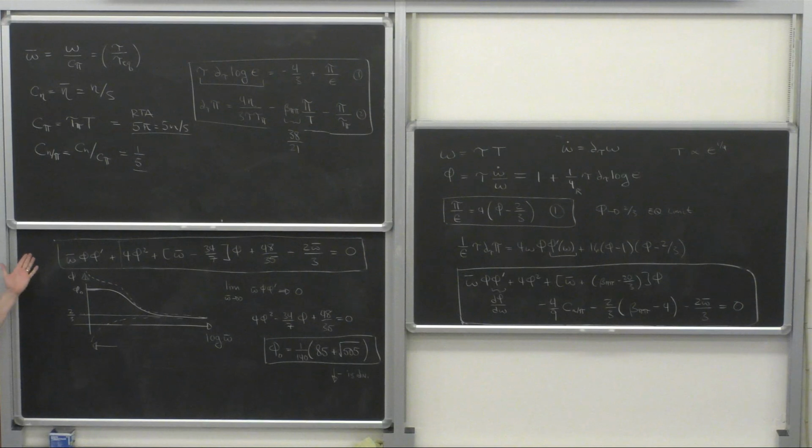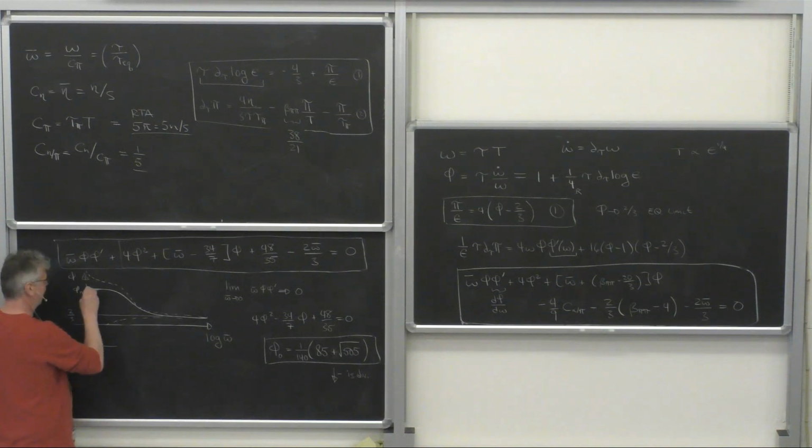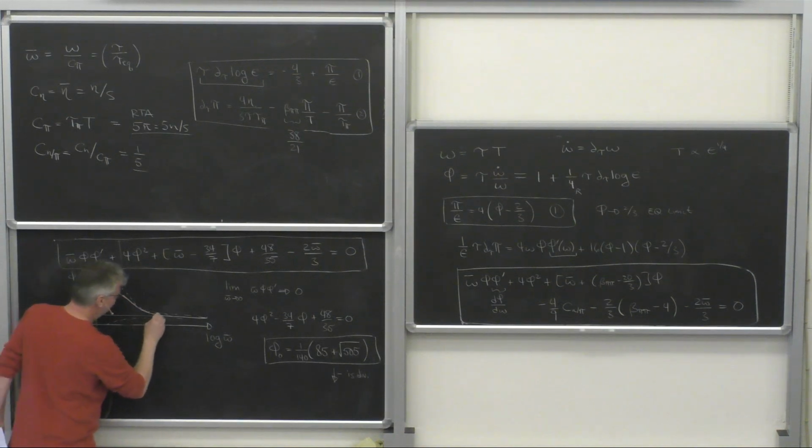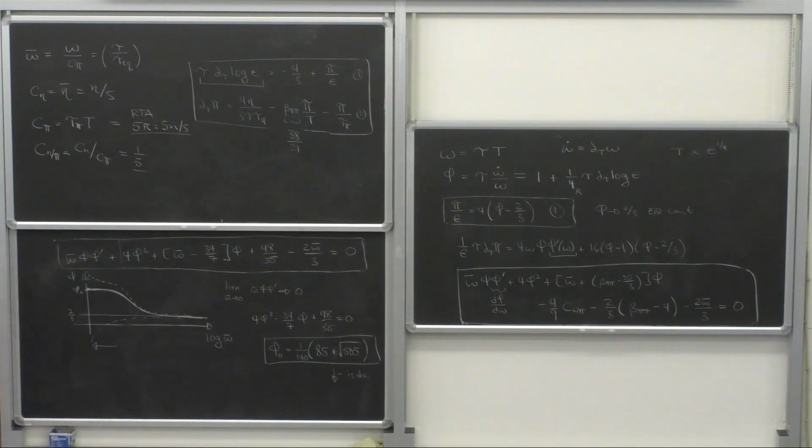But to do it exactly, you just have to feed it into Mathematica or whatever your favorite way of solving an ordinary differential equation is. Because it's nonlinear, it doesn't have a closed form solution. But this solution that you get after fixing this boundary condition and then solving it out to here, that is the attractor.